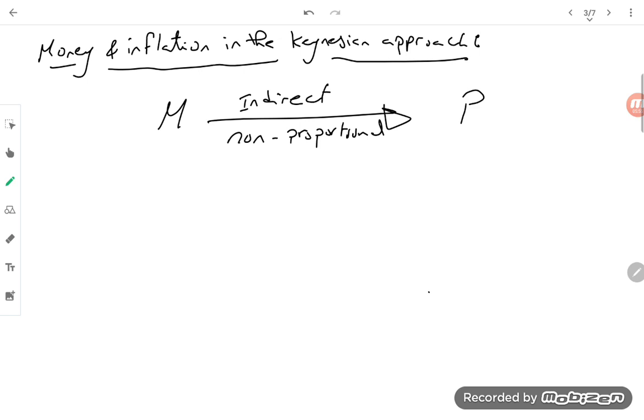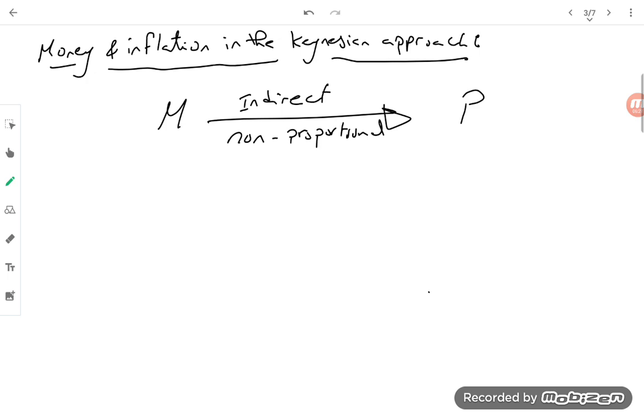According to Keynes, the relationship is indirect and non-proportional, while according to Fisher it was direct and proportional, which means that money directly affects price level, and if money increases by 20%, price level will increase by the same percentage, which is 20%. But according to Keynes, the relationship is indirect and non-proportional, based on a number of factors.